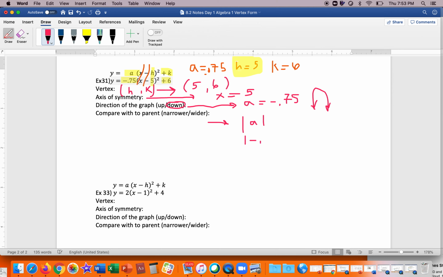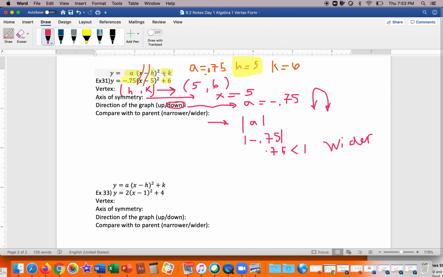The absolute value of negative 0.75 is 0.75. And when we're comparing to the width of the parent function, we're always comparing to 1. And since that's smaller than 1, it's opposite of intuition. It's actually going to be a wider graph, wider than our parent. Okay? So let's look at the next one.